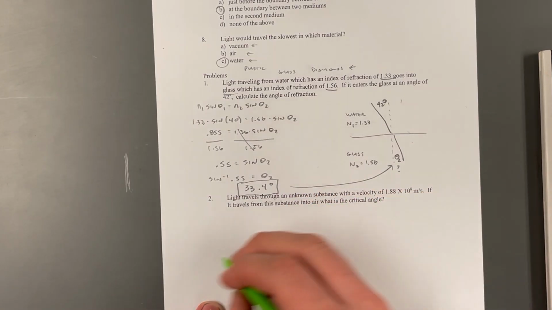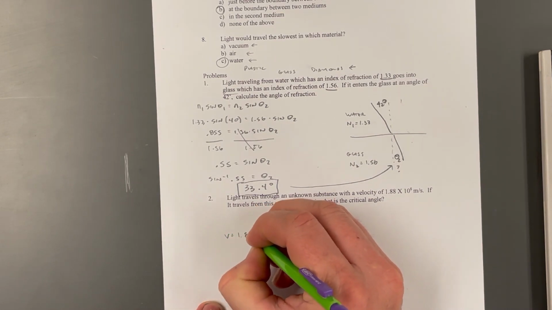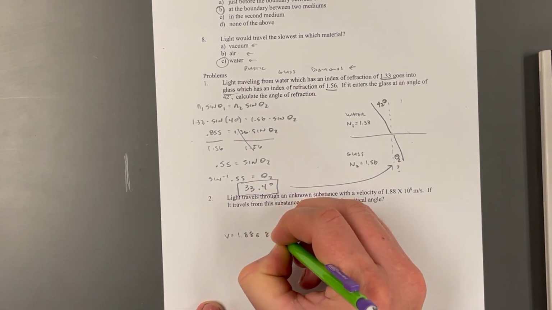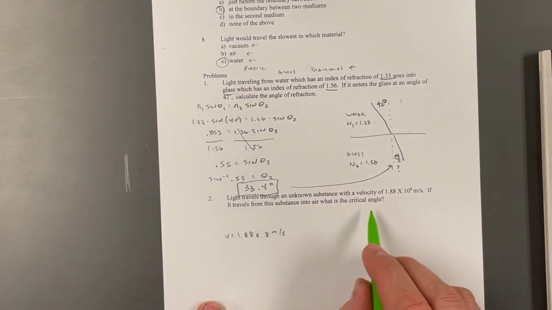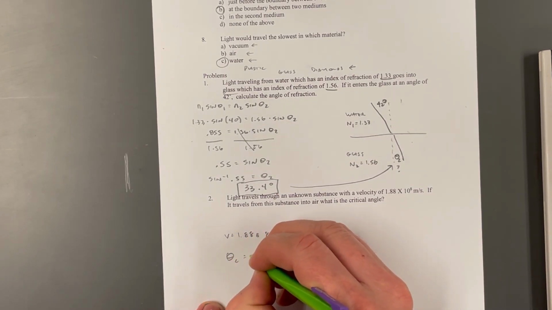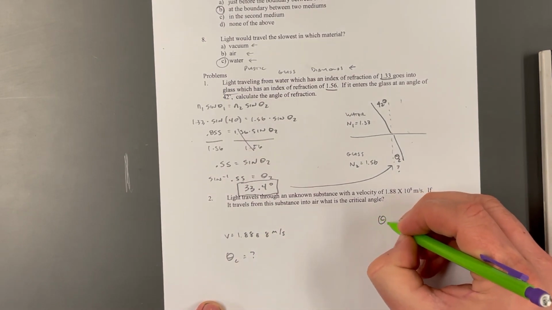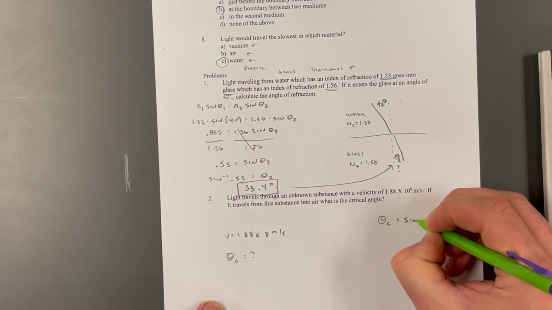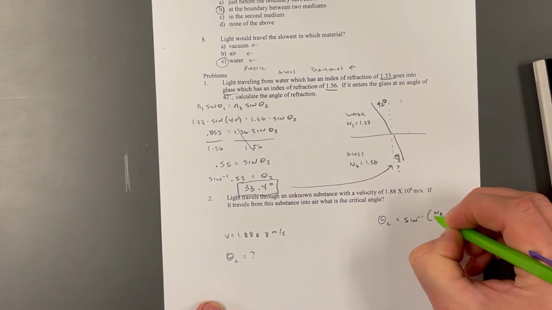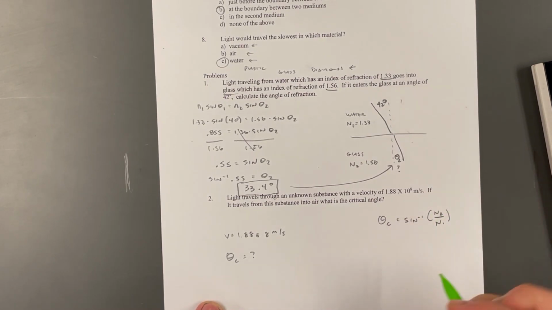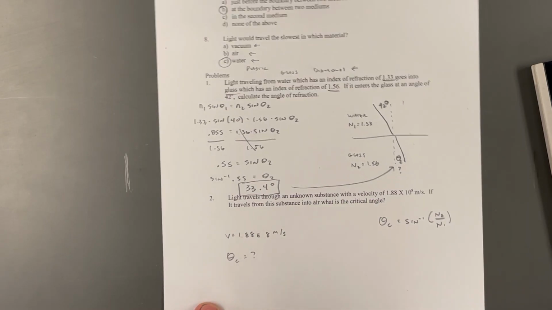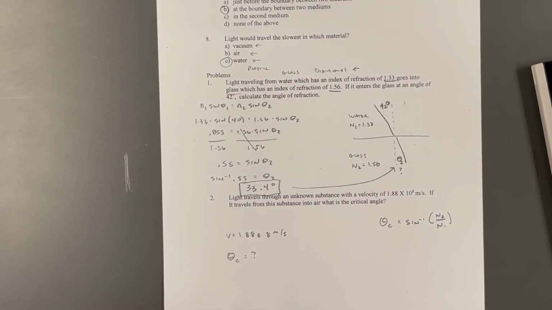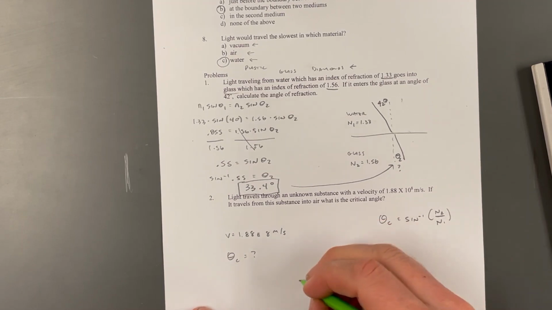Light travels through an unknown substance with a velocity of 1.88 times 10 to the 8th meters per second. It travels from this substance into air. What is the critical angle? Well, our critical angle equation is inverse sine n2 over n1. It travels from an unknown substance into air, so we need to find the unknown substance.